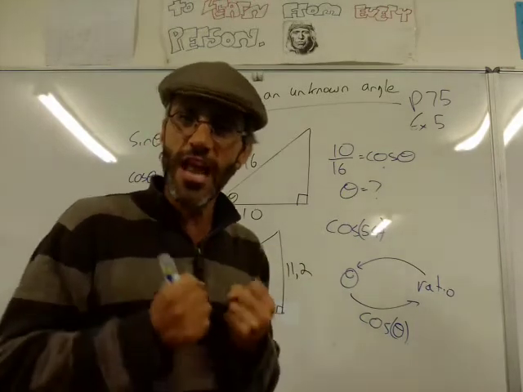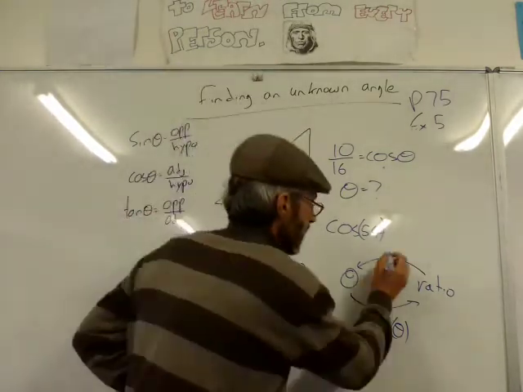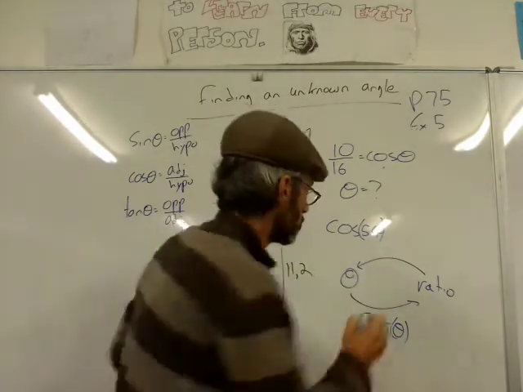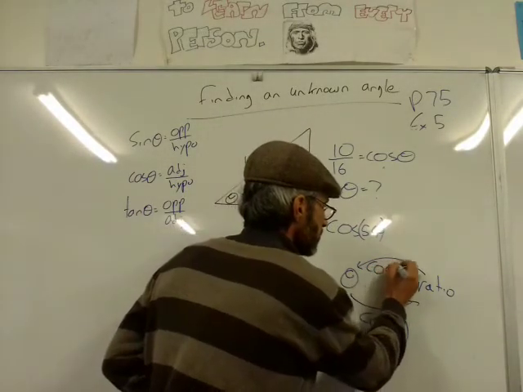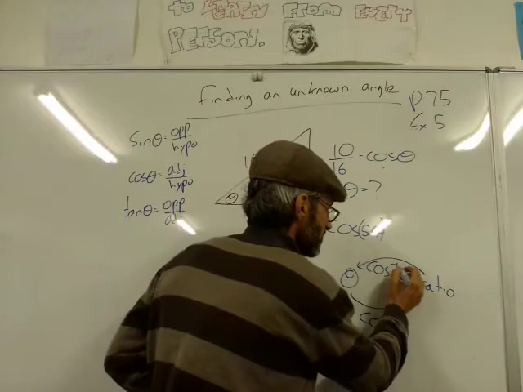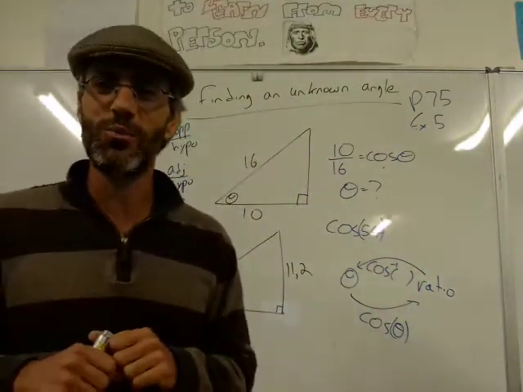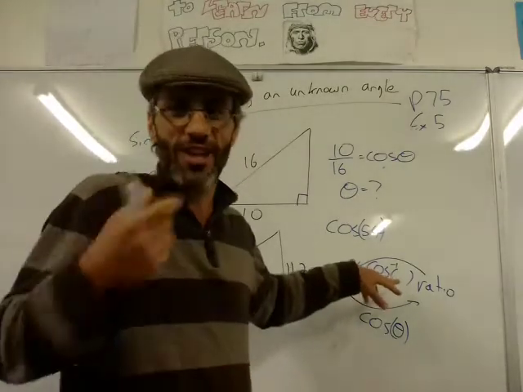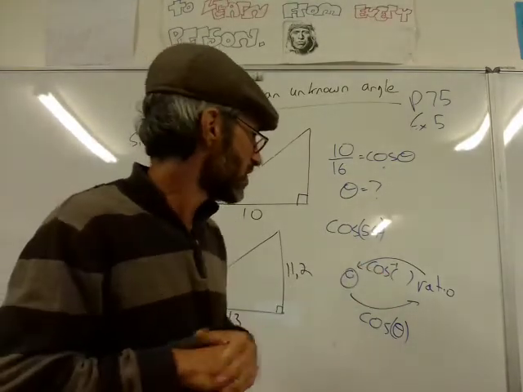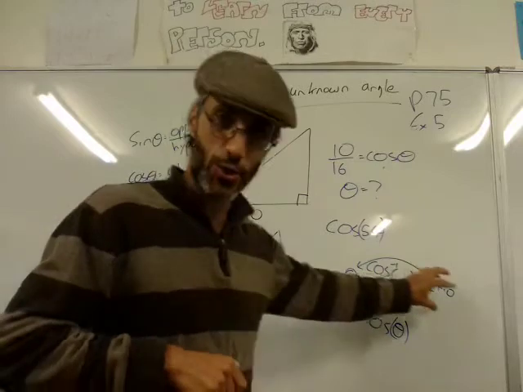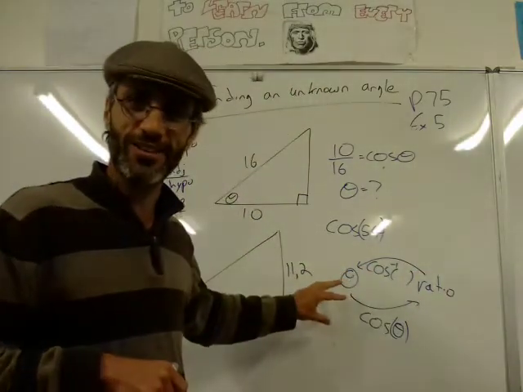What's the inverse function of cosine? It's cosine to the power of minus 1. It's not that we're raising cosine to the power of minus 1, it's just how we write an inverse function. So cosine minus 1 takes a ratio and gives you the angle.